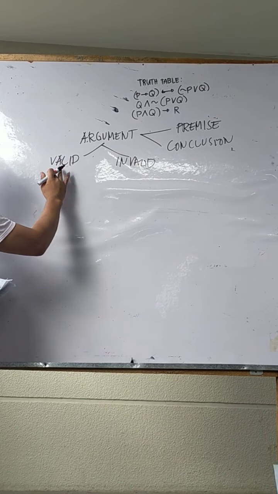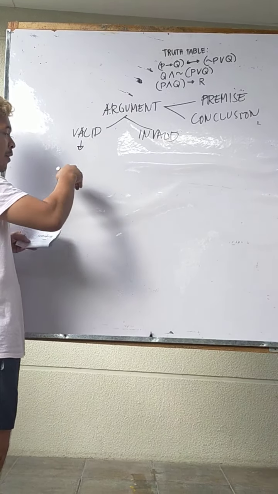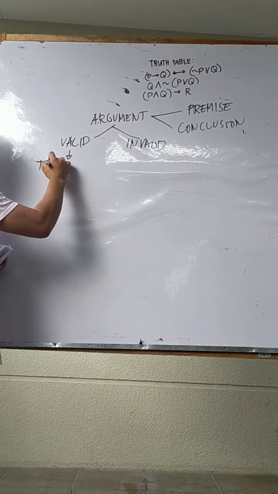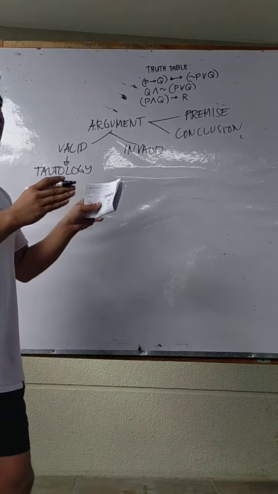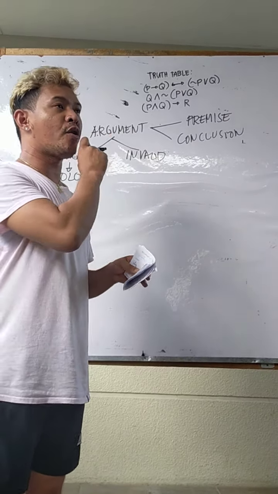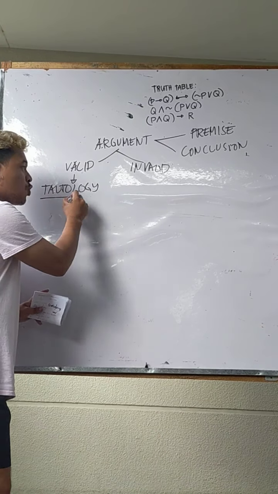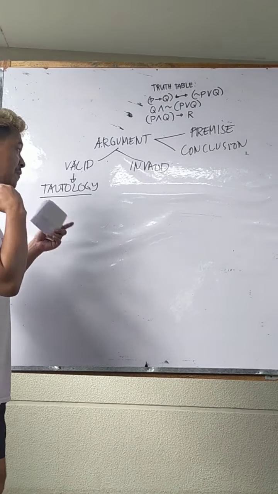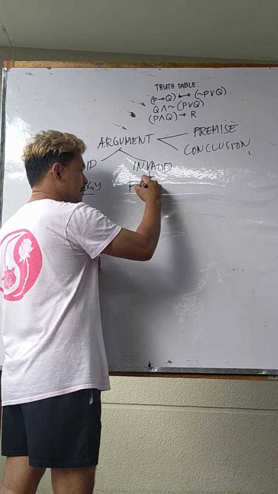So, valid if, in a truth table, we have a tautology. Tautology: if all statements are true, or all rows in our truth table are true, that is tautology. And if there is a false, that will fall under fallacy.